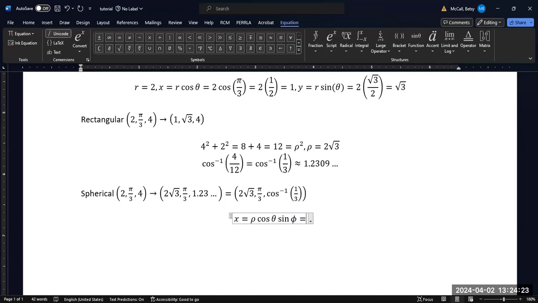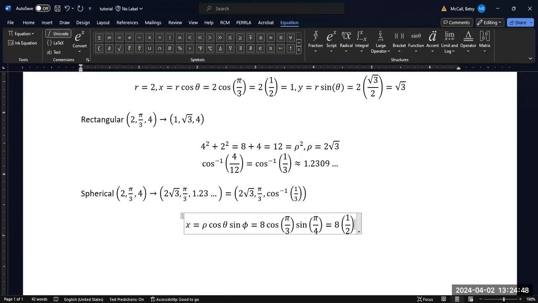And so for this problem, rho is 8 and cosine of theta, where pi over 3 is our theta. And then sine of pi over 4. Cosine of pi over 3 we analyzed earlier was equal to 1/2.